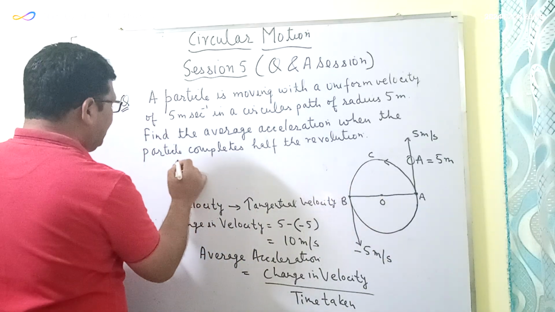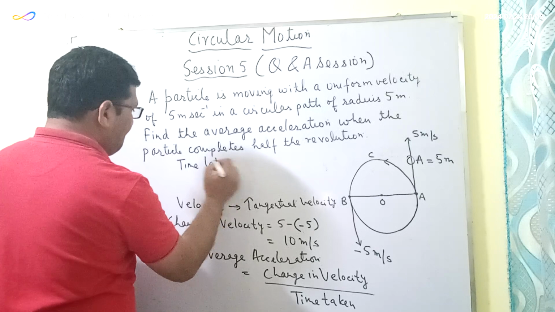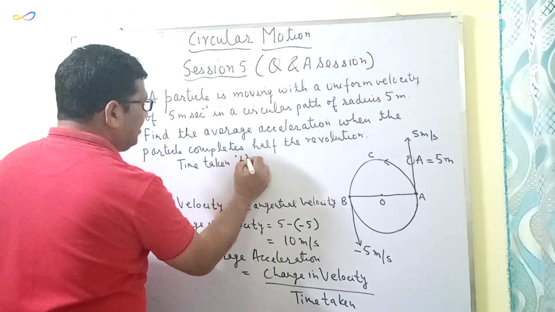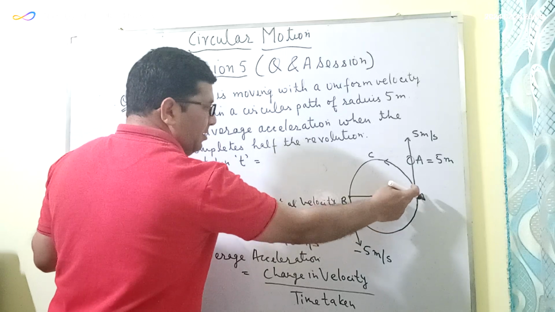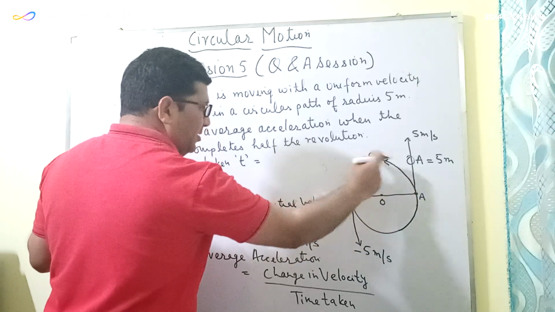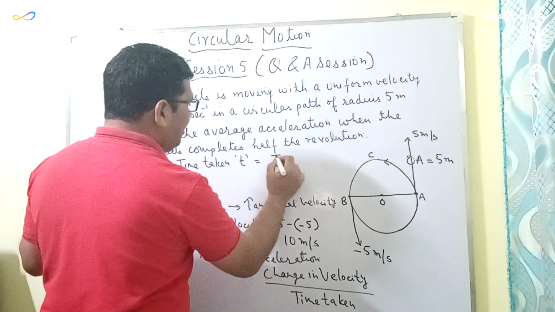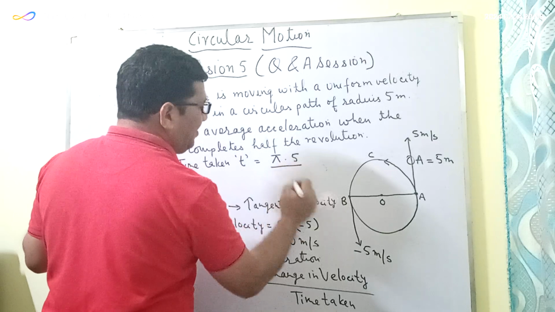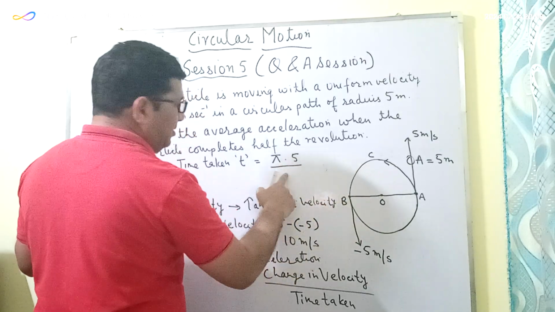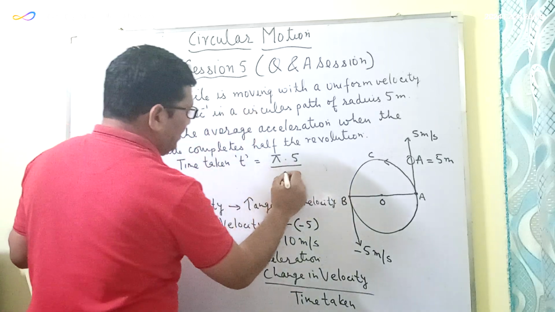So let us say the time taken is t. This will be equal to the length of this arc ACB, which is pi r, and pi r is 5 pi meter, divided by the velocity of this particle, 5 meter per second.